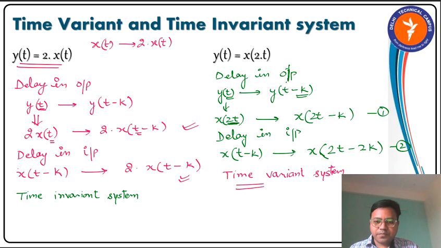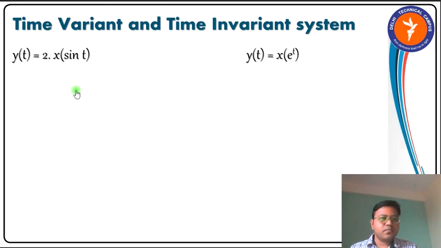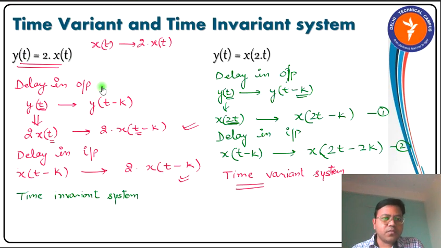Let us go back and draw some conclusion first. In this example, we saw that over here we have scaling of the input signal, but in here we have scaling of the time. So whenever there is a scaling in time, the system will be time variant, and whenever there is a scaling of the signal, the system will become time invariant. So remember this.